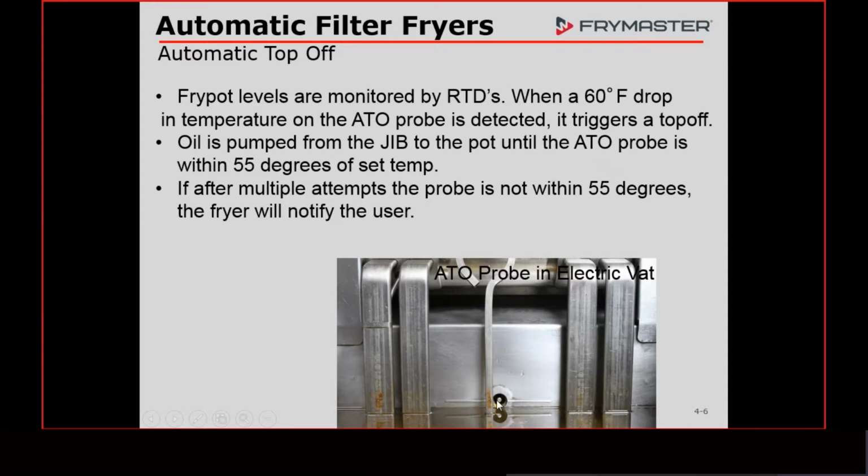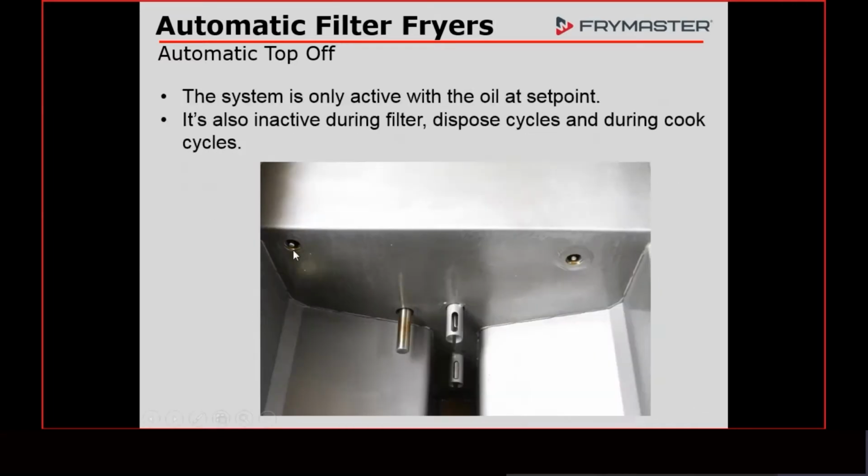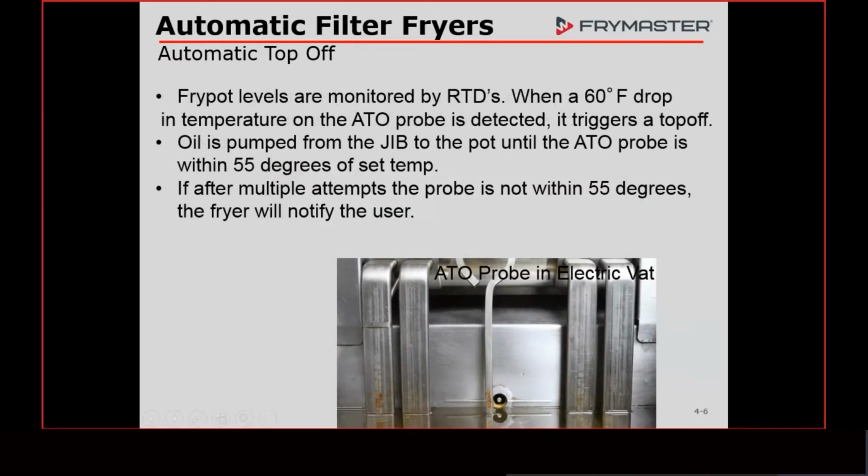We have the ATO probe at the very top, or at the highest level that the oil should be. That probe is there, and again, it is comparing the temperature of this probe to this probe. Anytime this probe is 60 degrees lower than the temperature probe, in this case, this is an electric fryer, the temperature probe is on the element.